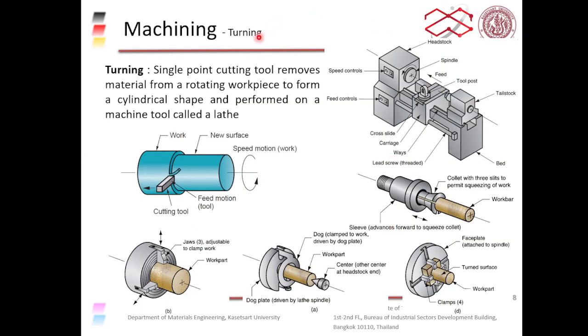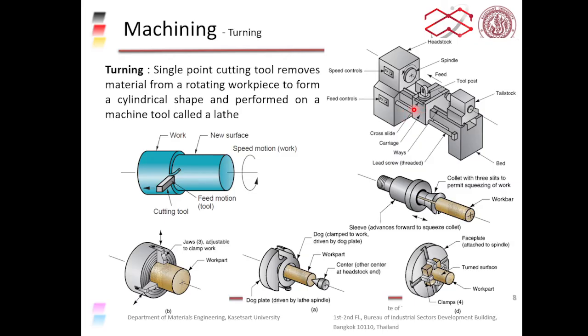Okay, the first machining process that we are going to look at is called turning. A turning process uses a machine called a lathe, and this process produces a workpiece that is more or less cylindrical.